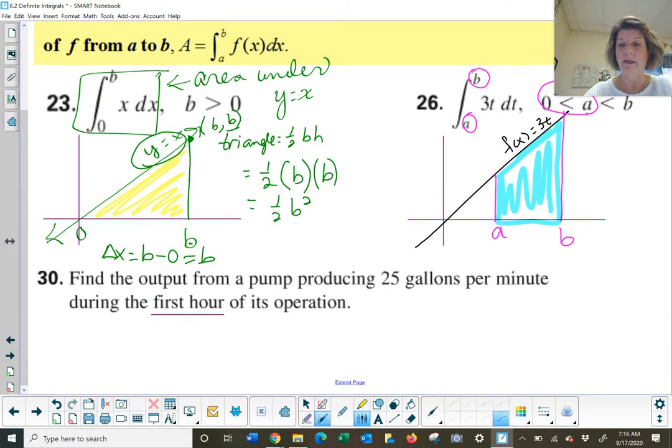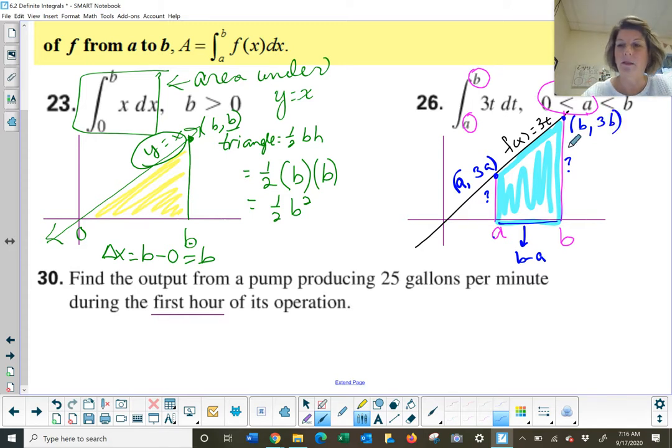And my calculation is going to be, I need to know the height on each of these, and I need to know this distance. Well, this distance is easy. This is just b minus a, isn't it? And for this point here, when I put a in, I get a comma 3a. And when I put this b in, I get b comma 3b.